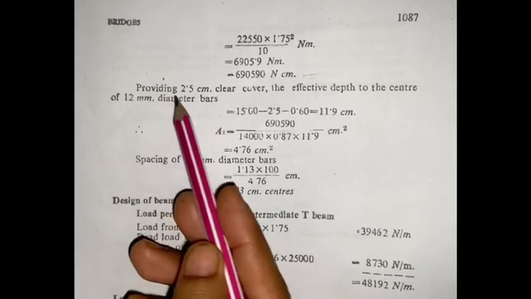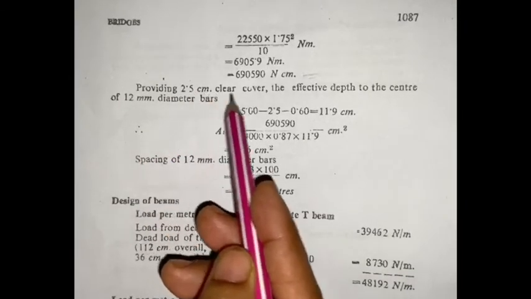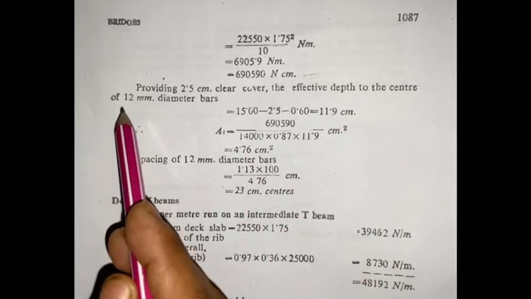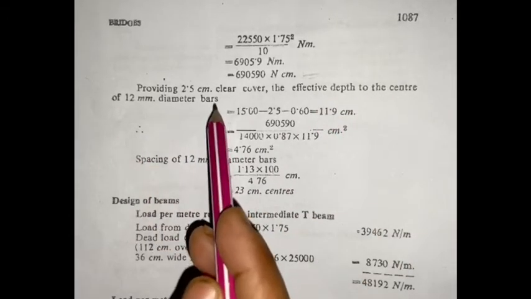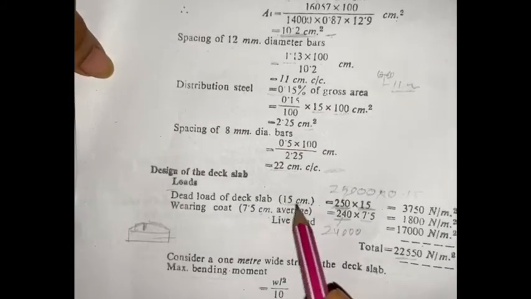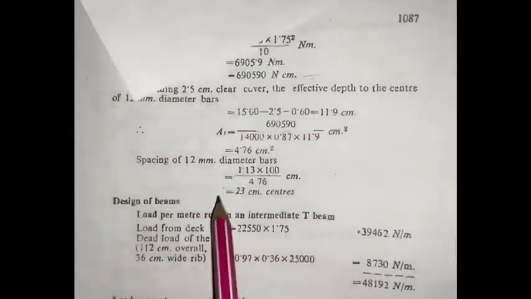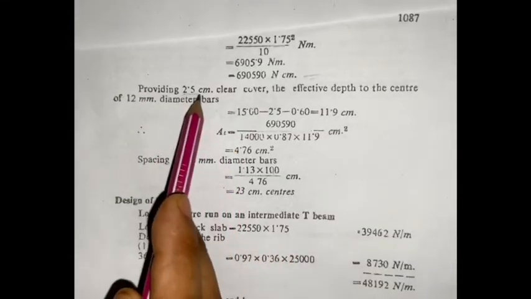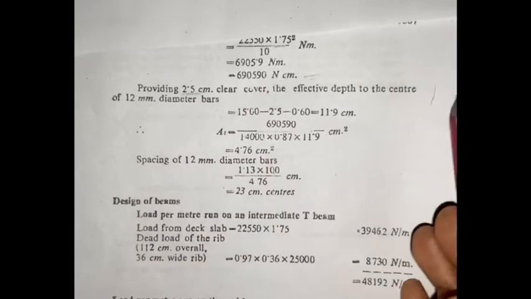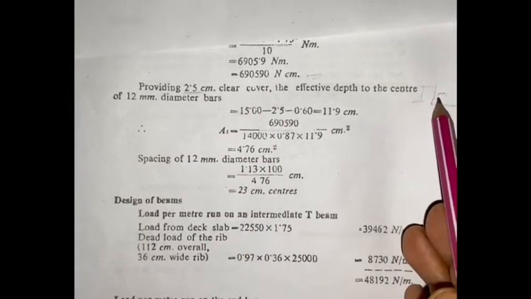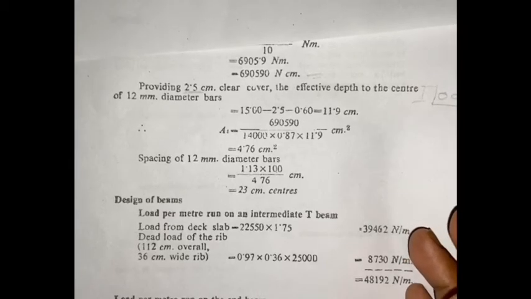Now we will provide 2.5 centimeter clear cover. The effective depth is to the center of the 12 mm diameter bars. So we have taken 15 centimeter for the depth of the deck slab, and the clear cover we have taken.